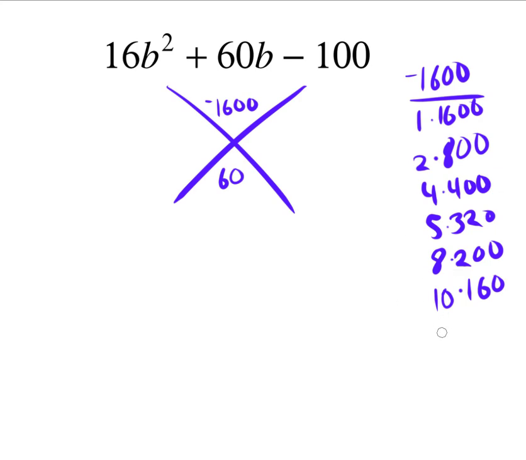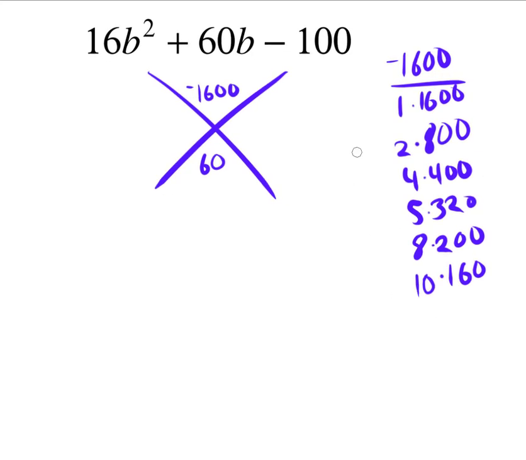So let's just keep going here. Okay, so 11 times 16 is not going to work, right? Let's say 12. 1,600 divided by 12, does that work? No. 1,600 divided by 13, no. 1,600 divided by 14, no. Did it work with 11?